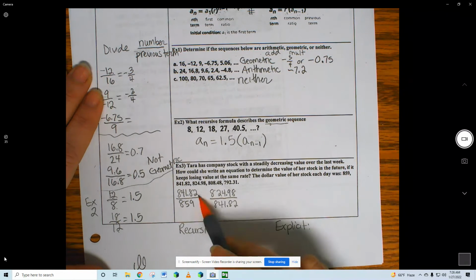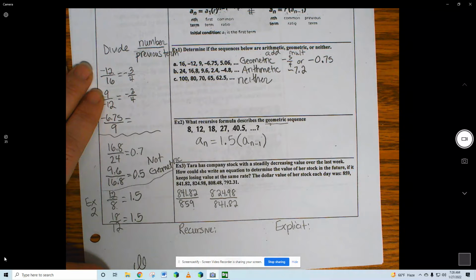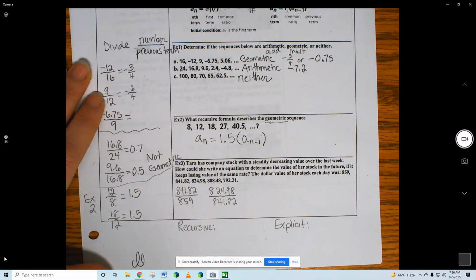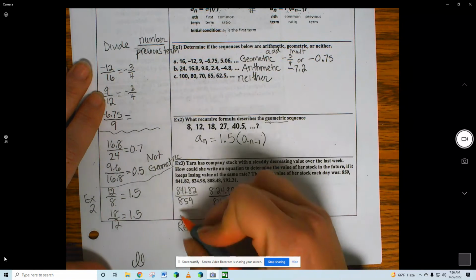What's this when I divide? Value divided by the number before it. $841.82 divided by 859.